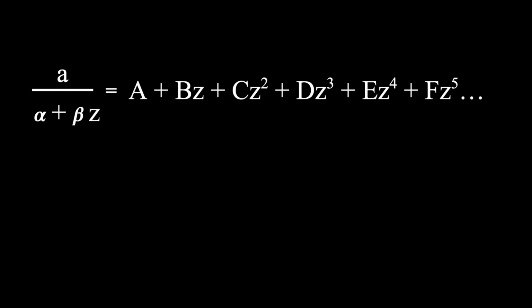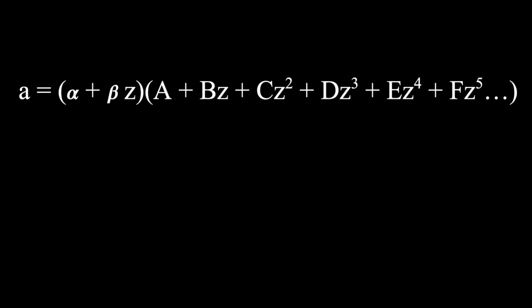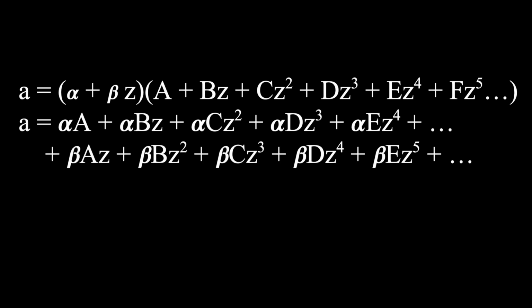He cleverly cross-multiplies to get little a equals alpha plus beta z times big A plus Bz plus Cz squared, etc. Now he multiplies it out to get alpha A plus alpha Bz plus alpha Cz squared, and so on, plus beta Az plus beta Bz squared plus beta Cz cubed, and so on.